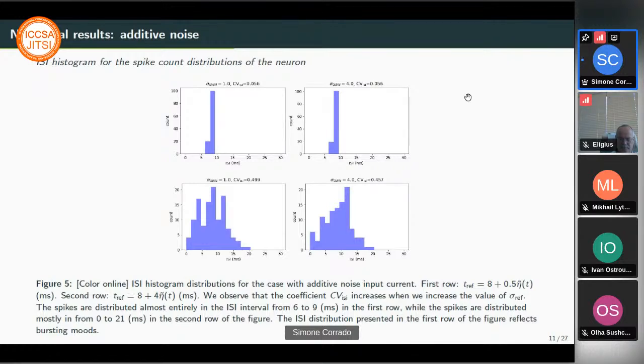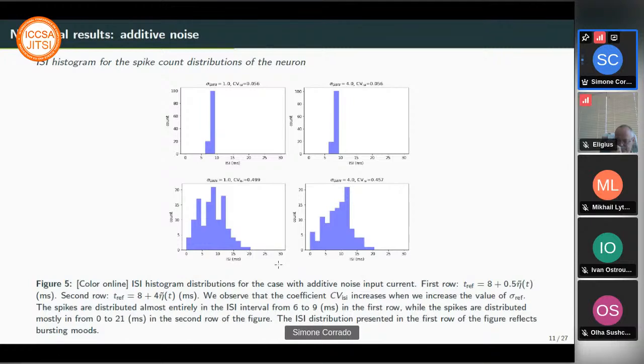Again, you may recall that the key characteristic here is the coefficient of variation, and what we observe is that this coefficient of variation increases with increased value of the random refractory period that we introduce. And the spikes are distributed almost entirely within this interspiking interval for a specific time.